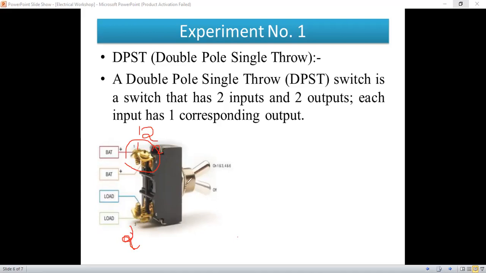So that means at a single throw, or once we can throw, एकदा throw केलं की all two poles are connected automatically. दोन्ही pole at a time connect होतील. So this is nothing but a double pole single throw. In one single throw we can connect a double pole, or we can connect a double terminal or double circuit. We can control two circuits by throwing once. This is called a double pole single throw type of switch.